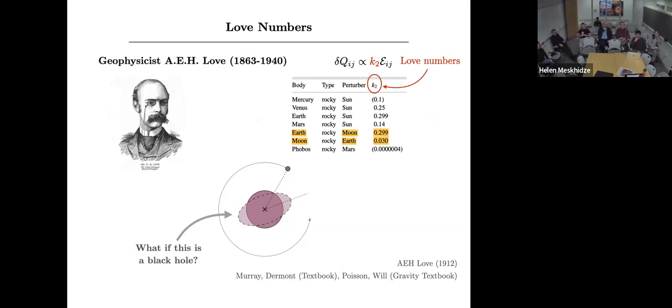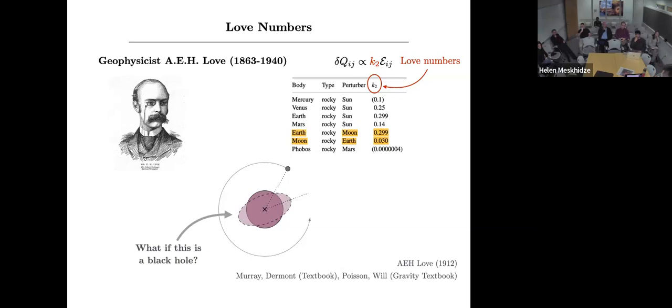So some of the audience may be curious why the tidal deformability parameters are known as Love numbers. It turns out it's named after a geophysicist in the 19th and 20th century, A.H. Love, who at the time was trying to understand the question of how the Earth would respond to the perturbation sourced by the Moon.